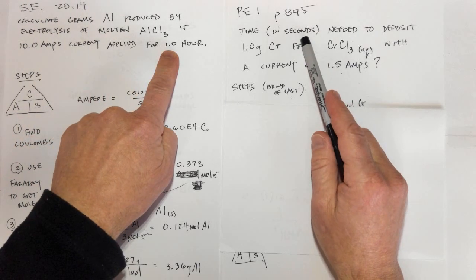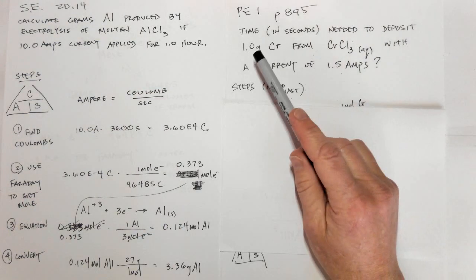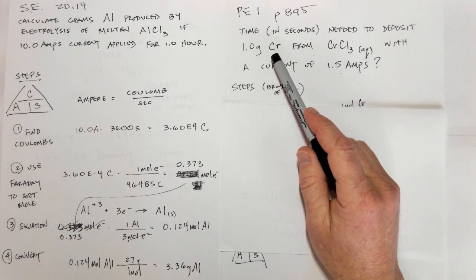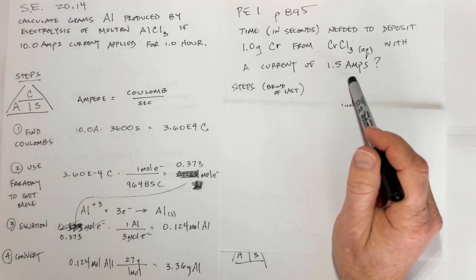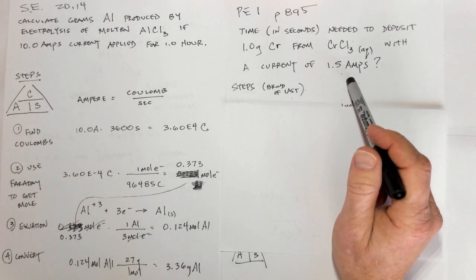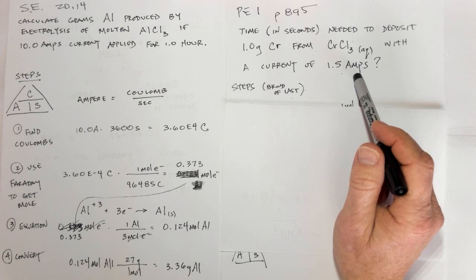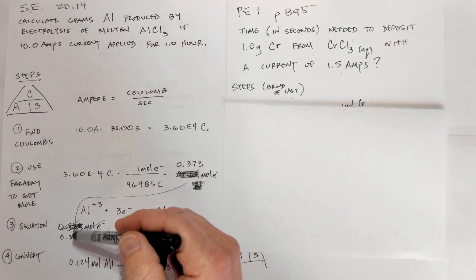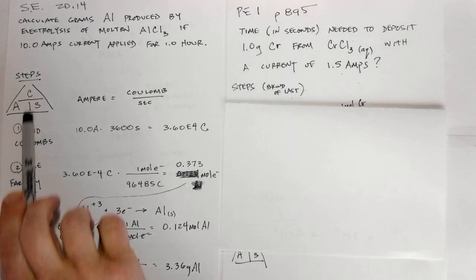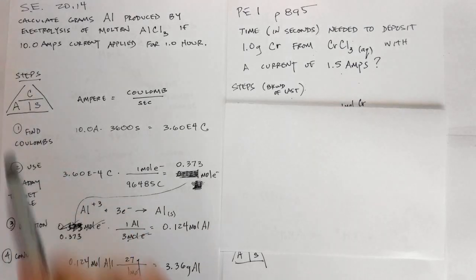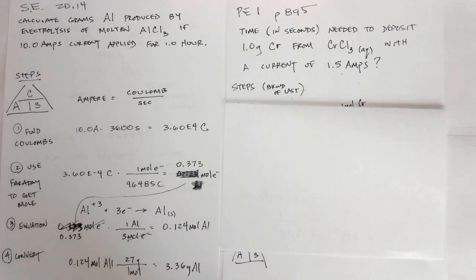Here we're asking for the amount of time needed to deposit 1 gram of chromium from chromium chloride with a current of 1.5 amps or amperes. So this time the steps will be backwards, where we're going to start down here and work this way back to our amperes equals coulombs per second triangle.